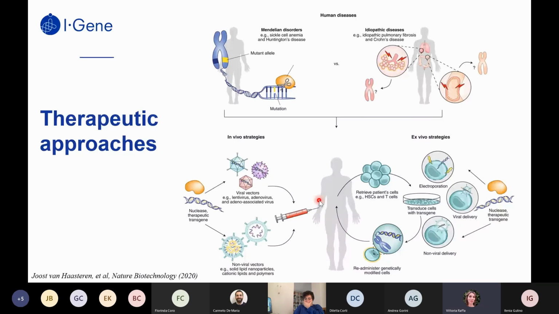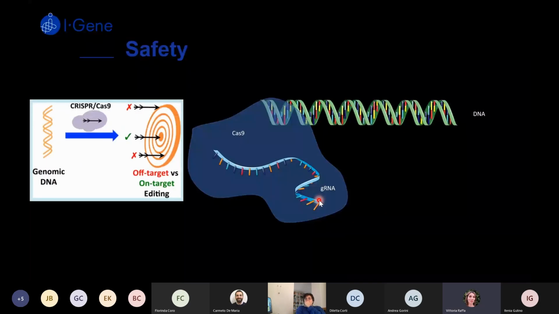This means that in theory, all the cells in the human body could be exposed to the treatment. And this raises some ethical concerns. I will tell you in a while what the limitations are. Actually, there are two limitations: one is safety, the second one is delivery.